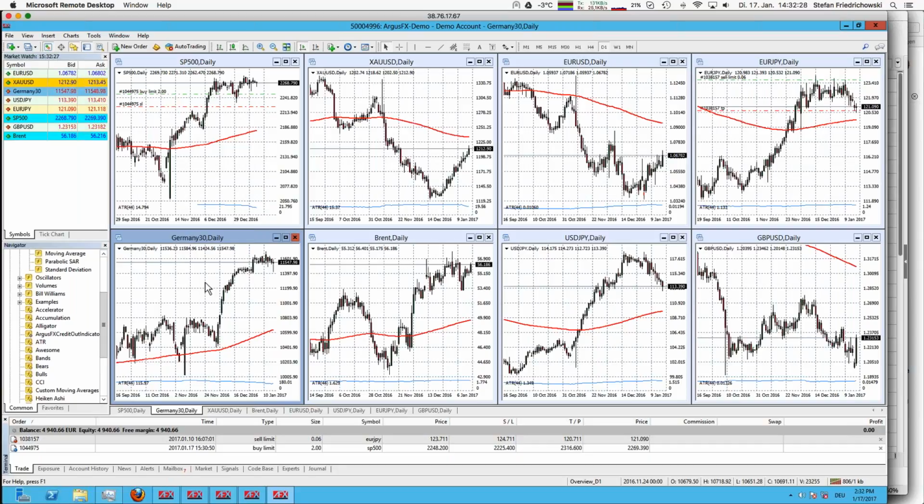But since I can see already a lot of similarities between the two charts, I might come to the same kind of conclusion for another trade. And therefore, I don't want to open an additional trade here as well.